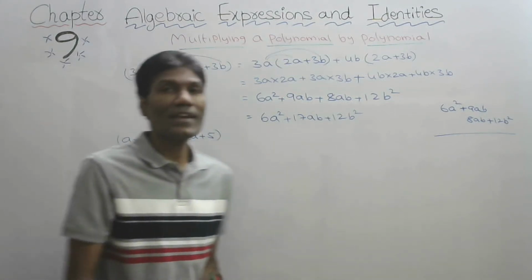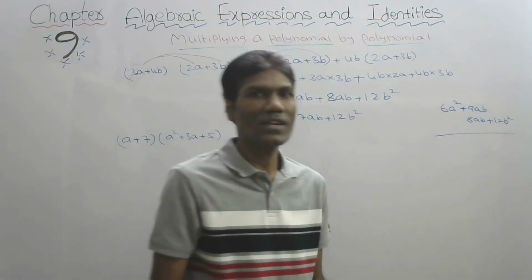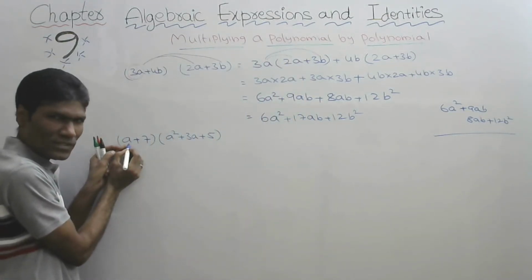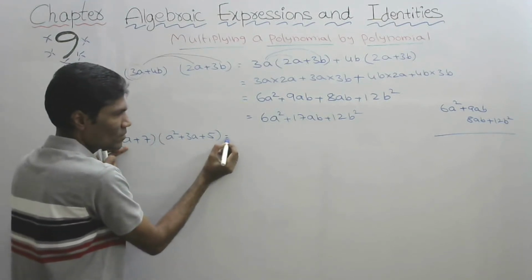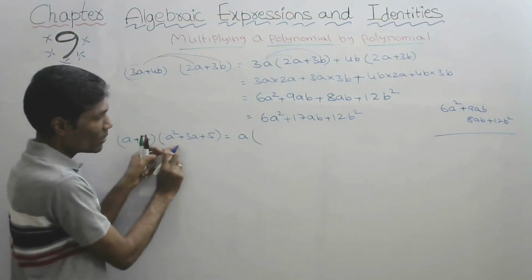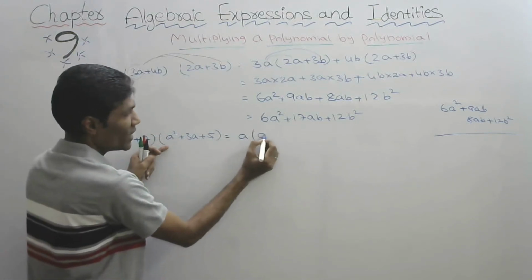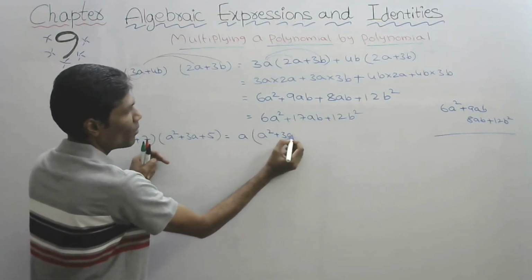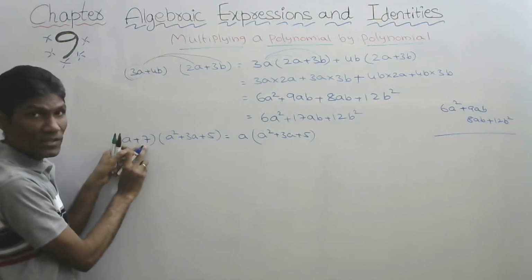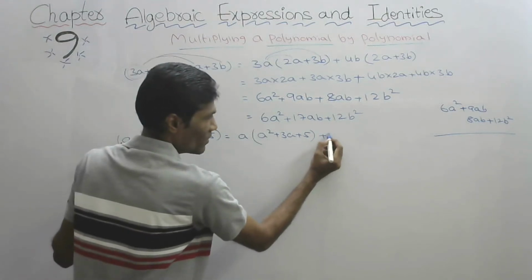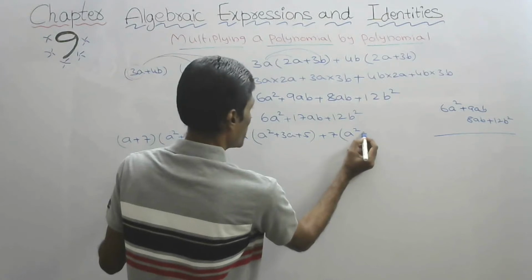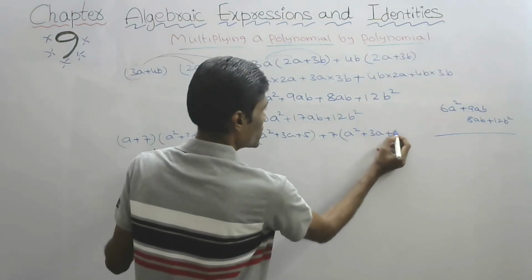The process is simple. Take the first one, a, and with a, multiply the whole, a square plus 3a plus 5. Next, 7 into all, a square plus 3a plus 5.